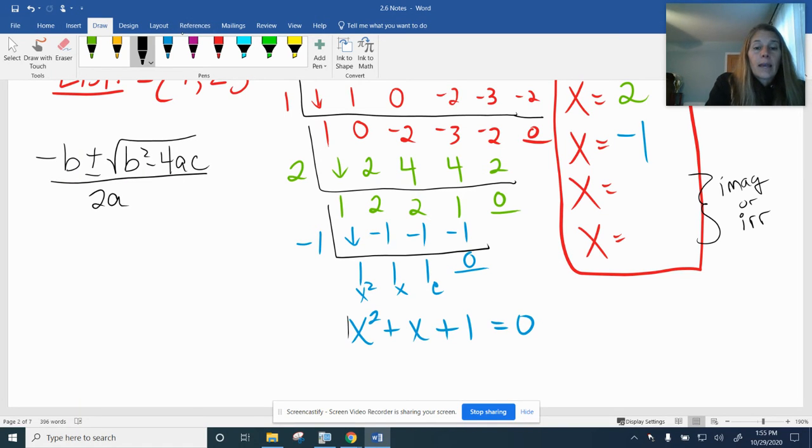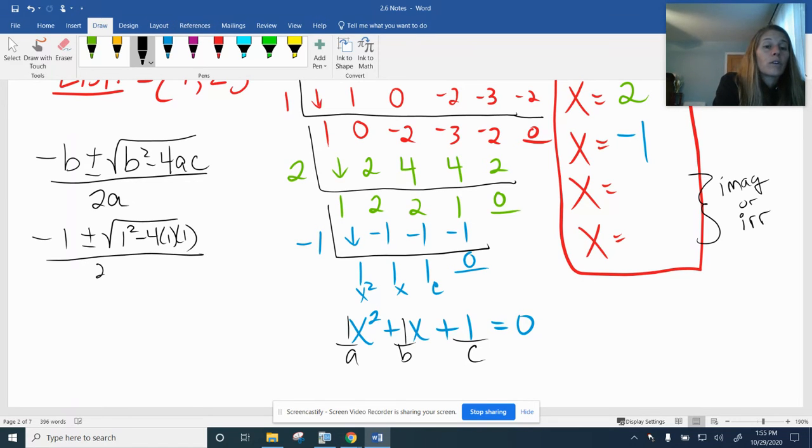So the numbers A, B, and C here are all 1, which makes it easy to plug in. I have -1 plus or minus the square root of 1 squared minus 4 times 1 times 1, all over 2 times 1. So -1 plus or minus the square root of 1 minus 4, which is -3 as your discriminant, over 2.